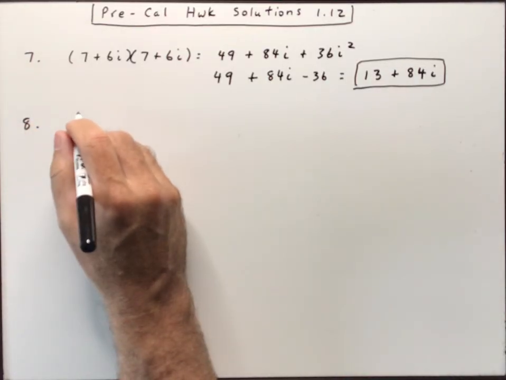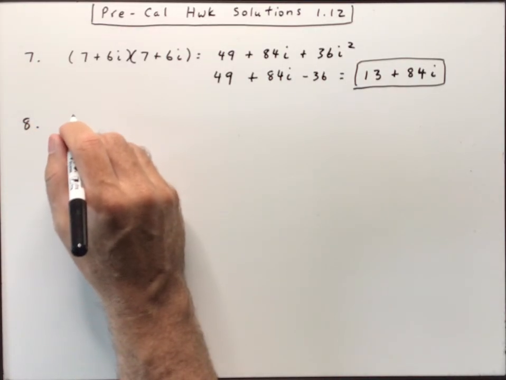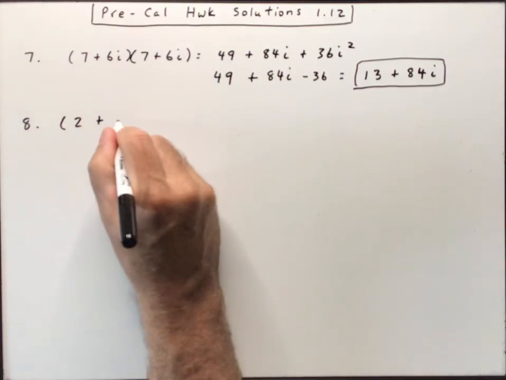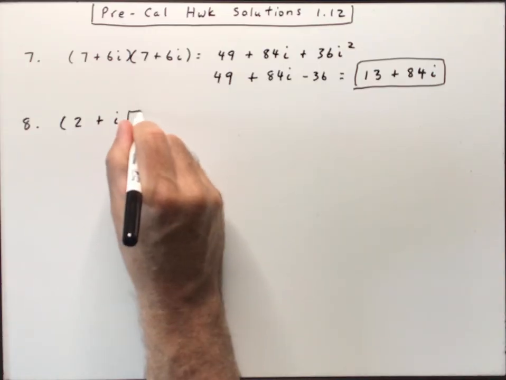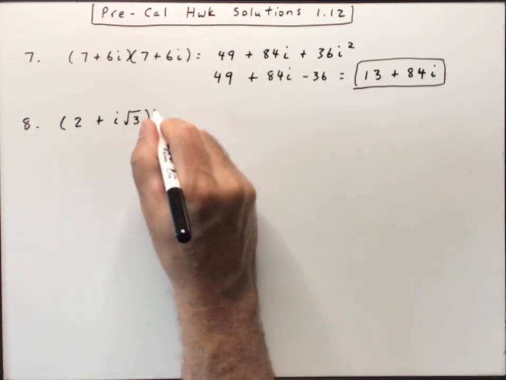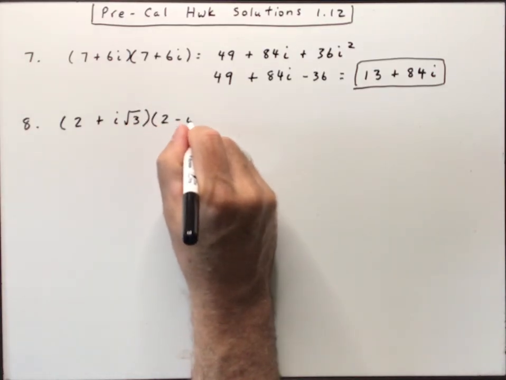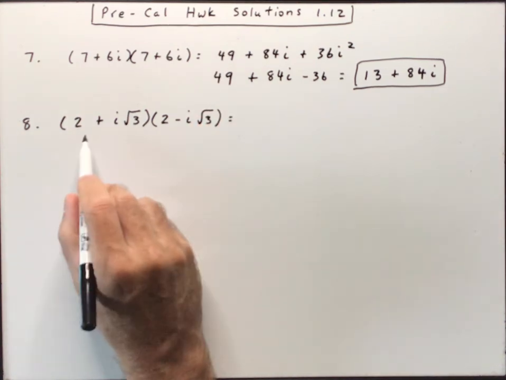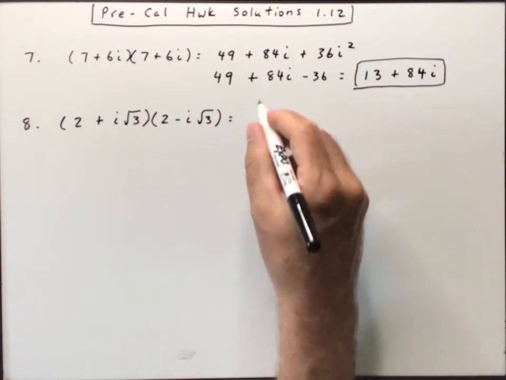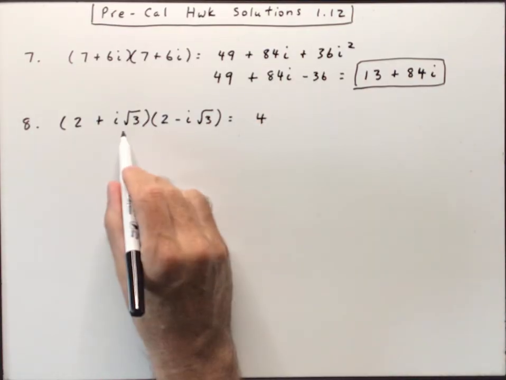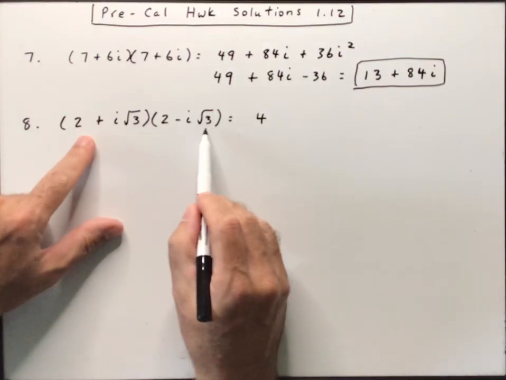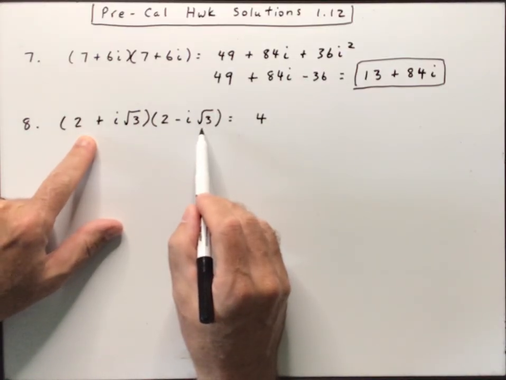All right, so number 8, we've got 2 plus i times the square root of 3 times 2 minus i times the square root of 3. That's going to be 2 times 2 is 4 for the front term. And then those middle terms cancel: 2i root 3 minus 2i root 3. That's pretty cool.